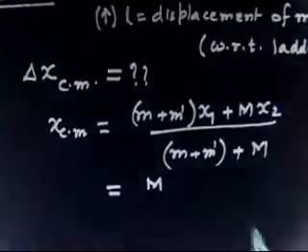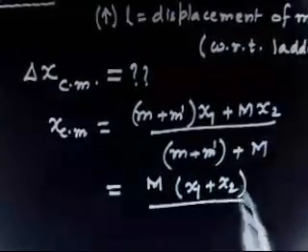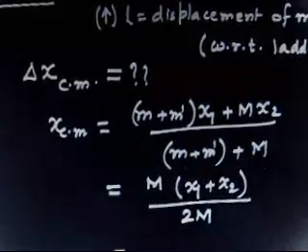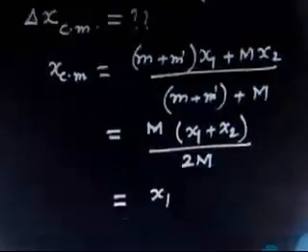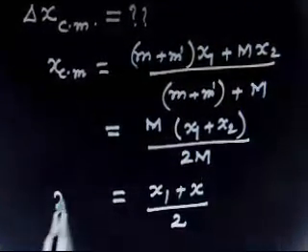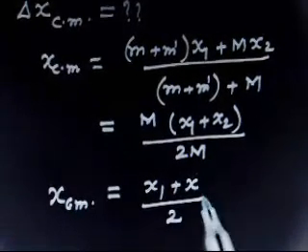So it is M into x1 plus x2 divided by M plus M, that is 2M. So this is simply x1 plus x2 by 2. So initially center of mass is lying at a distance x1 plus x2 by 2 from the top.